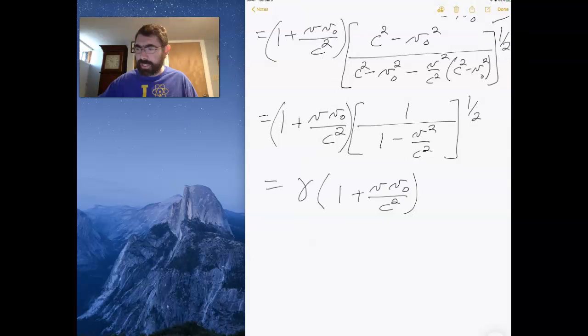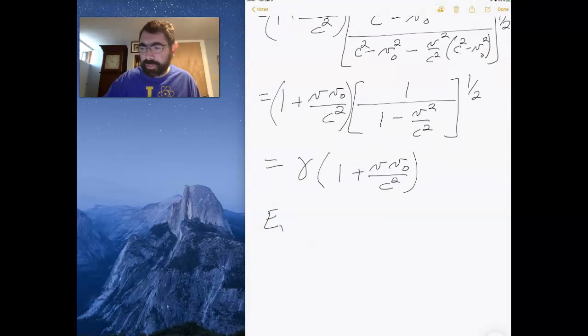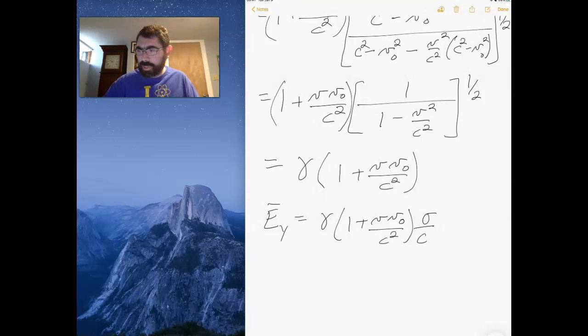And so if I put that in, my electric field measured by S bar with respect to the rest frame is gamma 1 plus V0 over C squared times the electric field in the S frame. Okay.